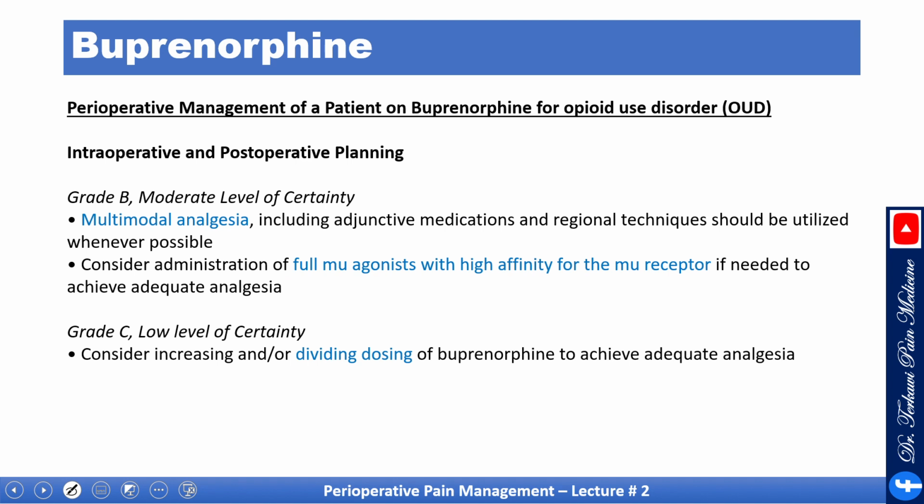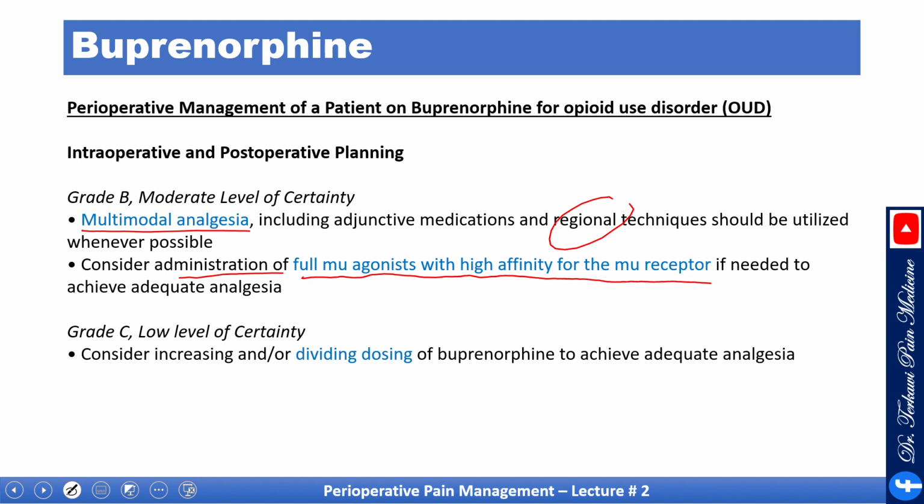Intraoperative and postoperative planning, Grade B, moderate level of certainty. You should use multimodal analgesia, including adjunctive medication, regional technique, etc. Consider administration of a full mu agonist with high affinity for the mu receptor.